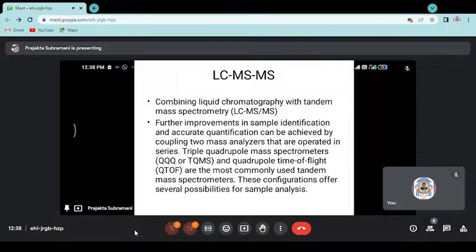A triple quadrupole mass spectrometer is used, which I already explained, as well as quadrupole time of flight. These two mass analyzers are generally used in LC-MSMS as well as GC-MSMS techniques, that is, the triple quadrupole mass analyzer and the quadrupole time of flight mass analyzer.